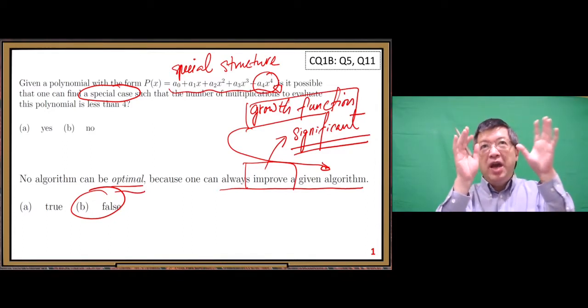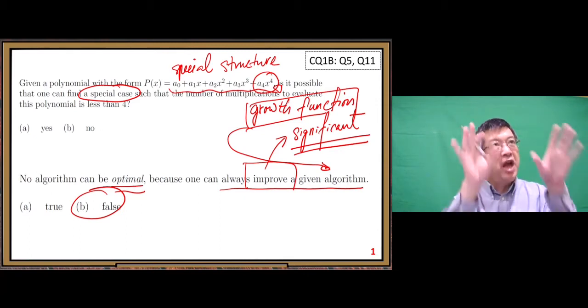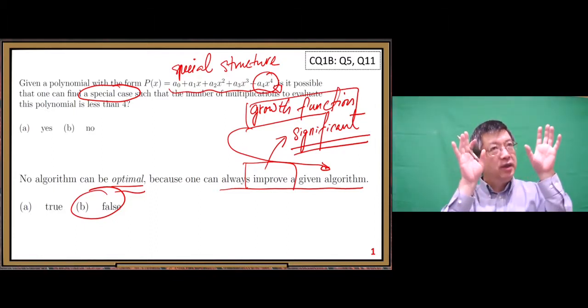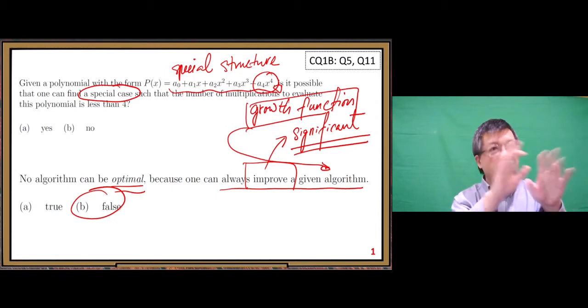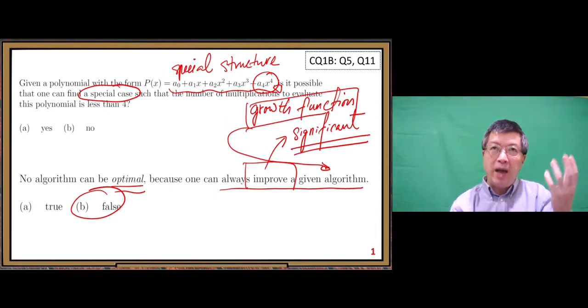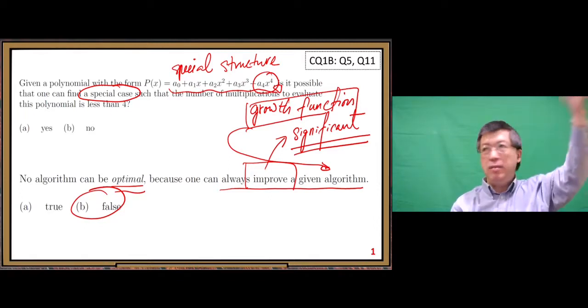Because we can prove that for some algorithm, its growth function cannot be reduced. We can prove it by exploring some special property of the problem. We can show the optimality. Nobody can improve this algorithm by any method.